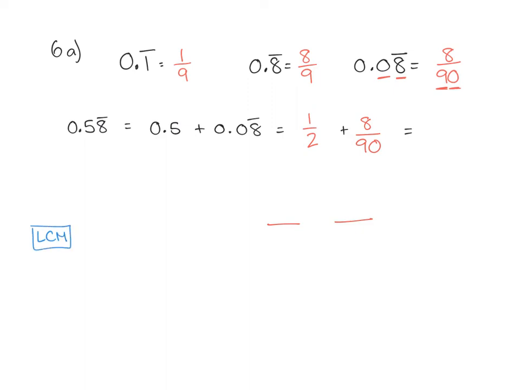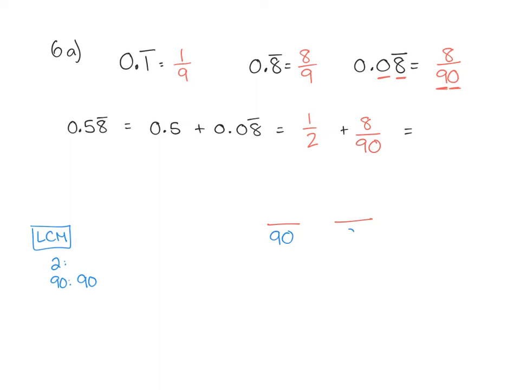And to do this, we have to look at multiples of 2 and multiples of 90 to find the first one that's in common. Now, our lowest possible answer is 90. Is 90 a multiple of 2? Yes. Or if 2 is a factor of 90.